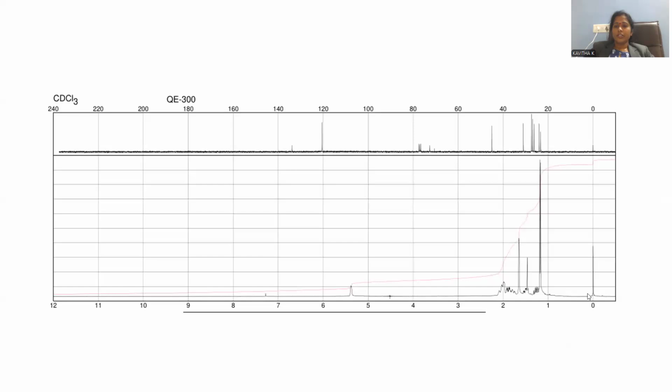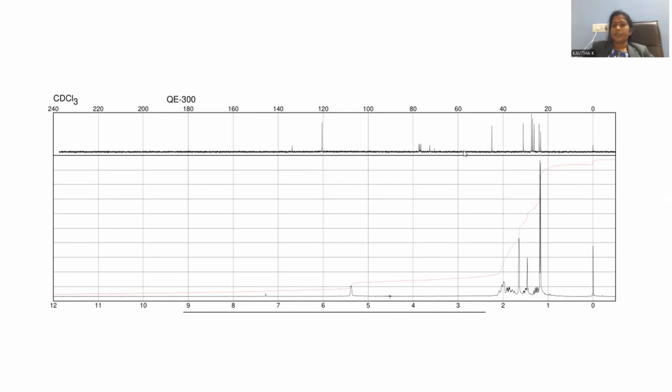They also mention, in the graphical representation, that the compound is dissolved in deuterated chloroform, and the peak fragmentation and high resolution spectra are also clearly mentioned.